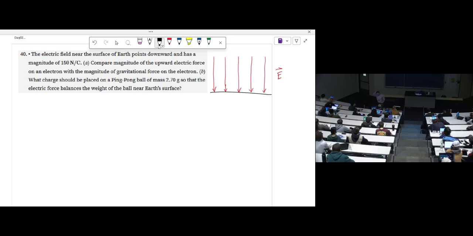Compare the magnitude of the upward electrical force on an electron with the magnitude of the gravitational force on the electron. Okay, so we have resting inside of this field here an electron.